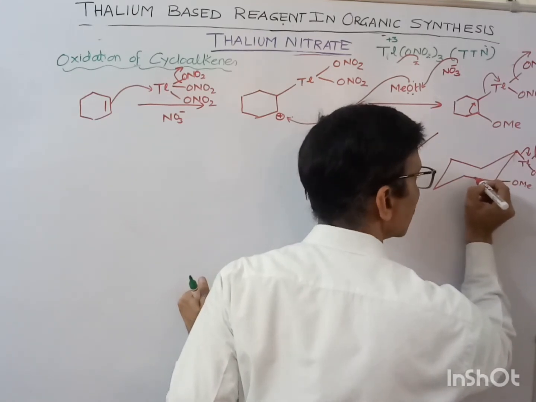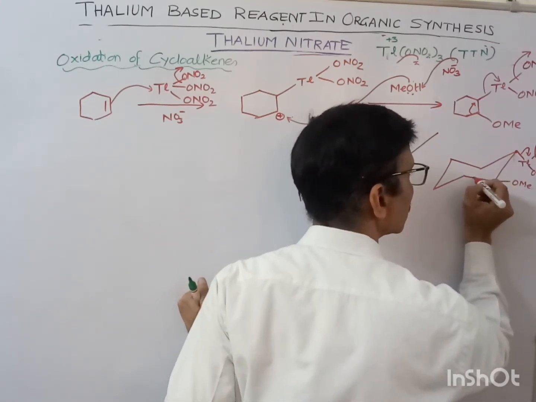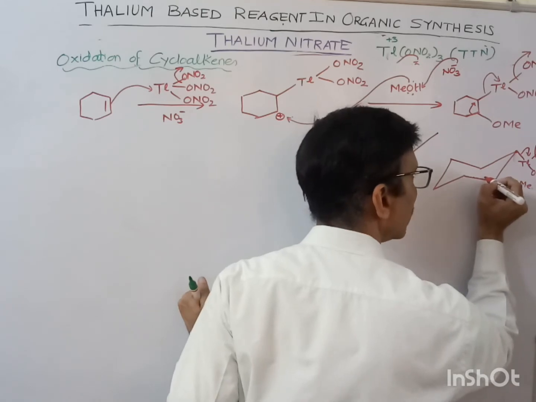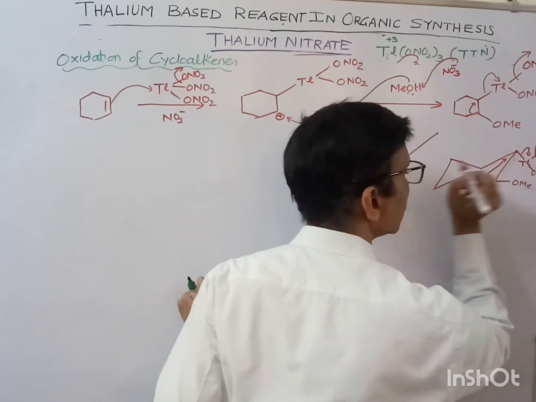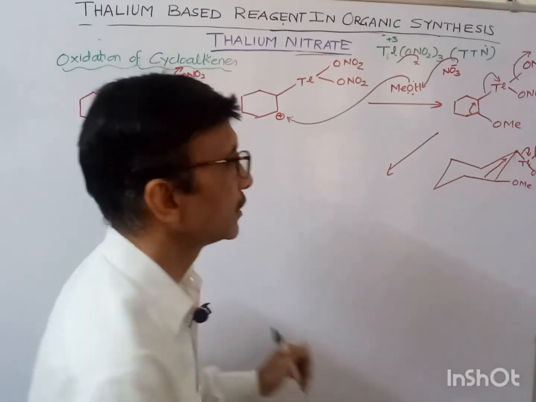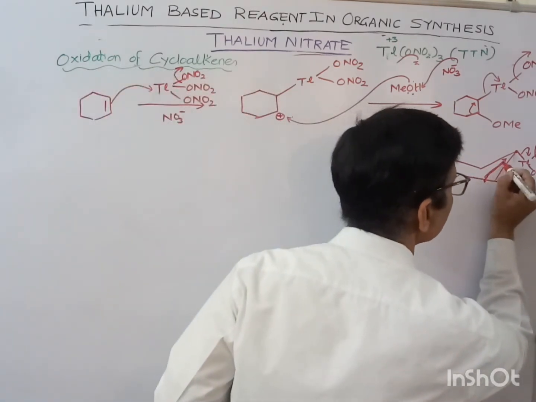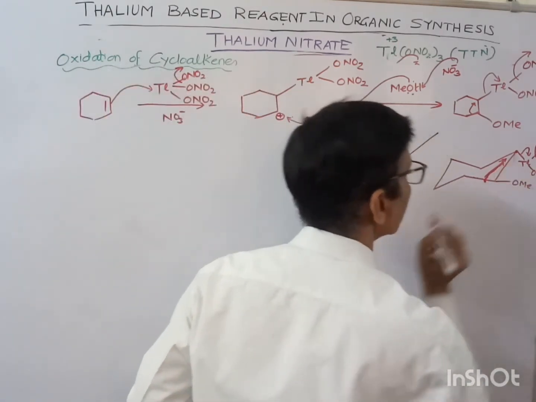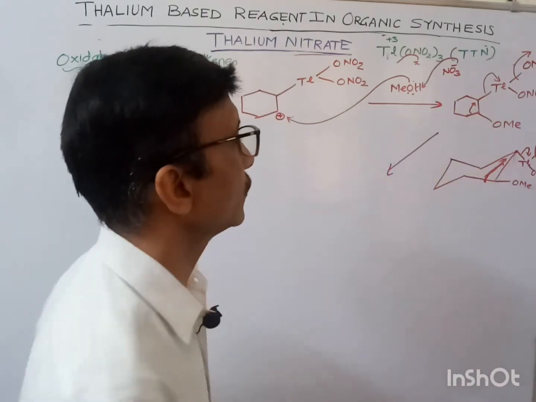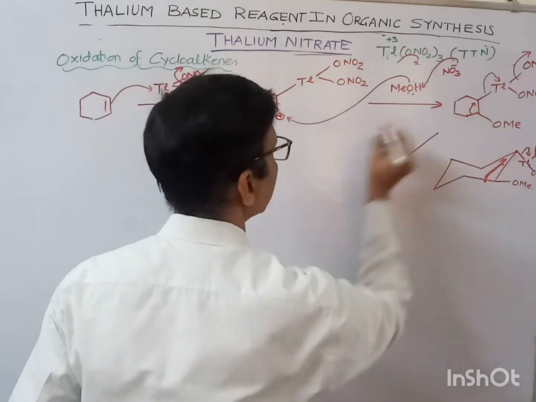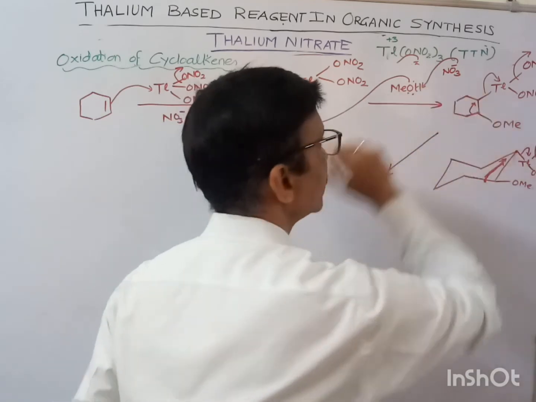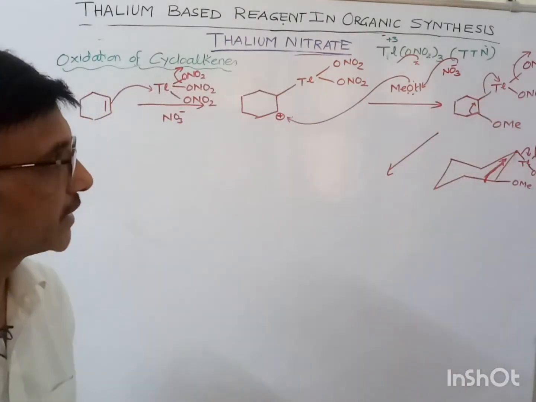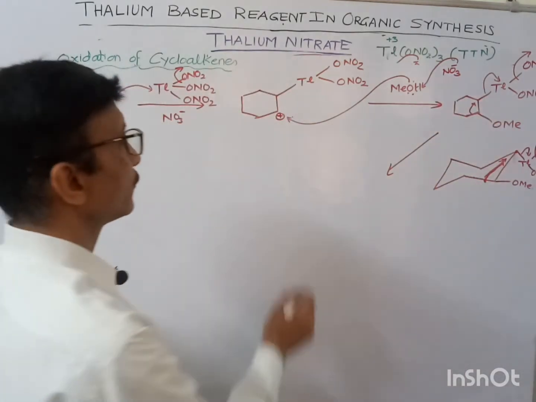Now the electrons of this bond will go into the anti-bonding orbital of here. So either we can show in this way or here like this. So this 6-membered ring would be converted into 5-membered ring.